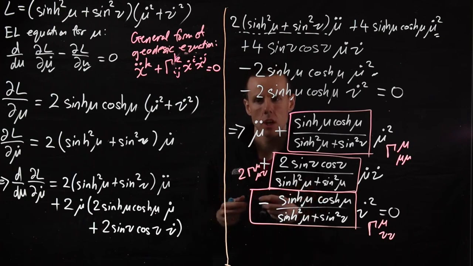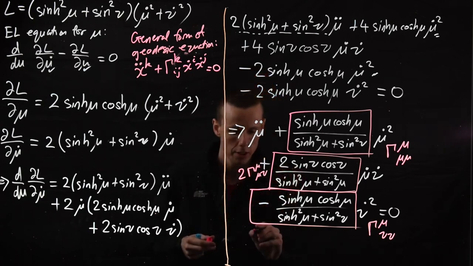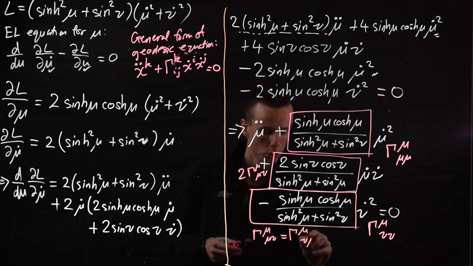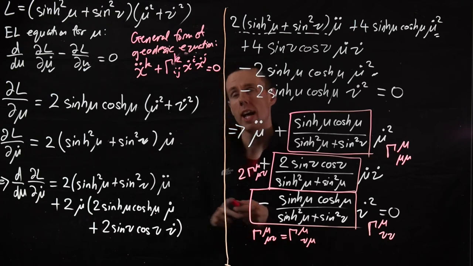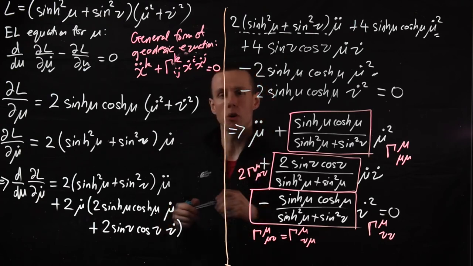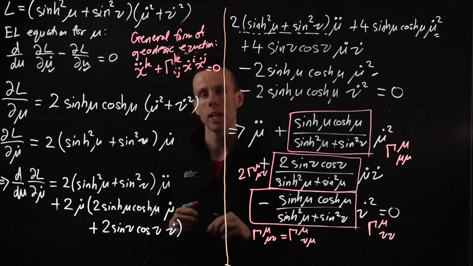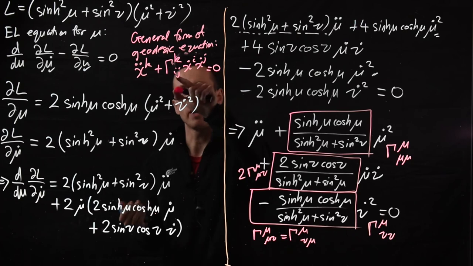Now, why is that? It's because of the symmetry. So remember that gamma mu nu is actually equal to gamma nu mu. Remember, Christoffel symbols are symmetric in the lower indices. And over here in this general formula, i and j are dummy indices, okay? They are summed over. So in principle, there's a sum over i and a sum over j. So there will be a term here, in our case, where i is equal to mu and j is equal to nu.